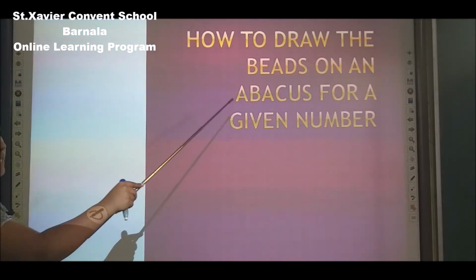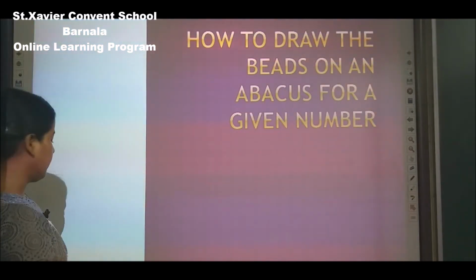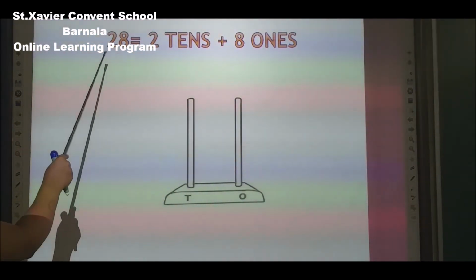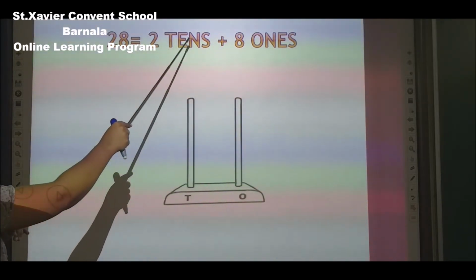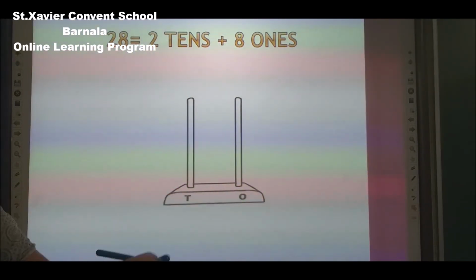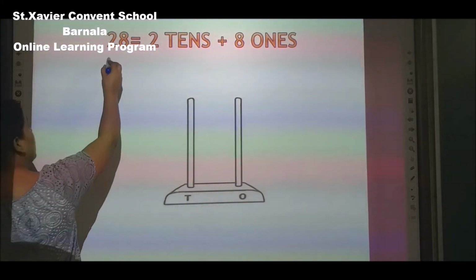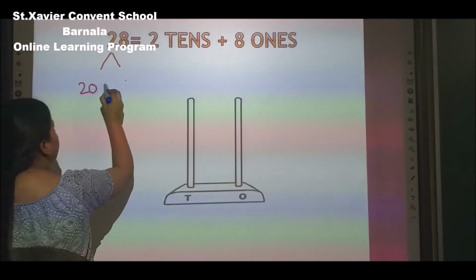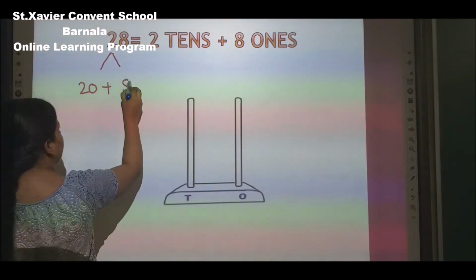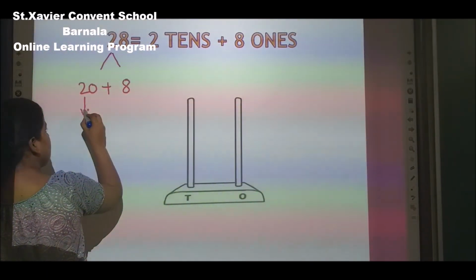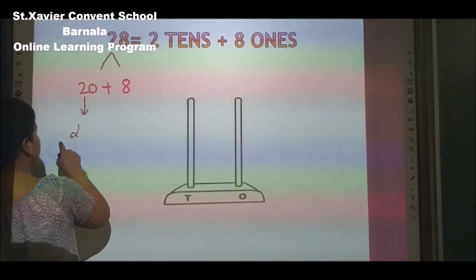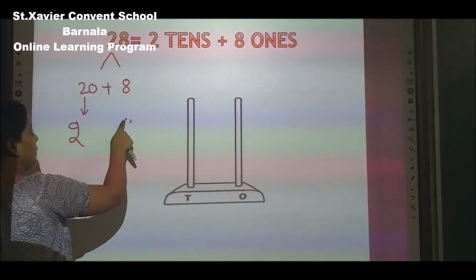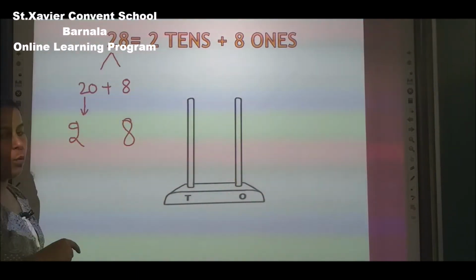How to draw the beads on an abacus for a given number? The question is 28 is equal to 2 tens plus 8 ones. As we know that 28 is 20 plus 8. 20 means 2 beads at the tens place and 8 beads are at the ones place.